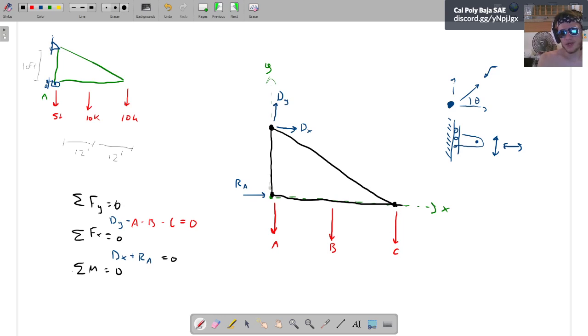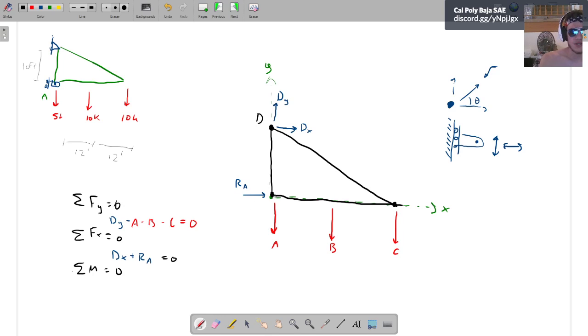so there's probably going to be some real convenient way to figure out what point I want to take the moments around. If I do the moments around point D, then I have 4 forces to deal with, but 3 of them are known, so that's like an equation for free.